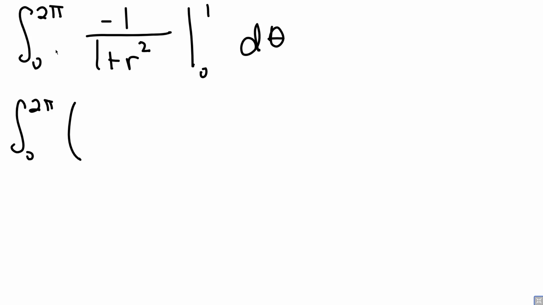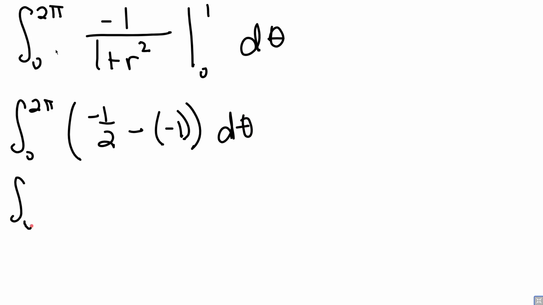At 1, I'm going to end up with -1/2, minus, at 0, I'm going to end up with -1. So really, I'm looking at the integral from 0 to 2 pi of what? 1/2.